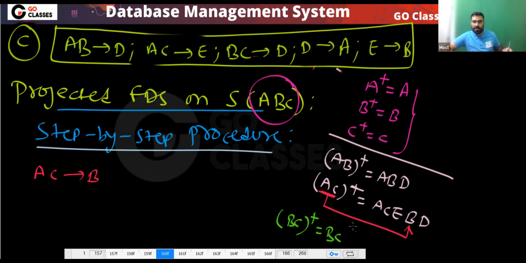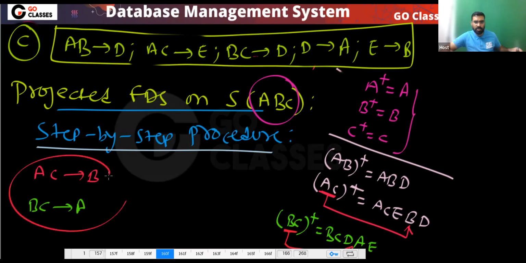The BC plus will be BC, and BC can give you D, D can give you A. AC can give you E. So here I can say that BC determines A, so you can stop here. So this will be your answer. Is this clear? Yes or no? Very simple.